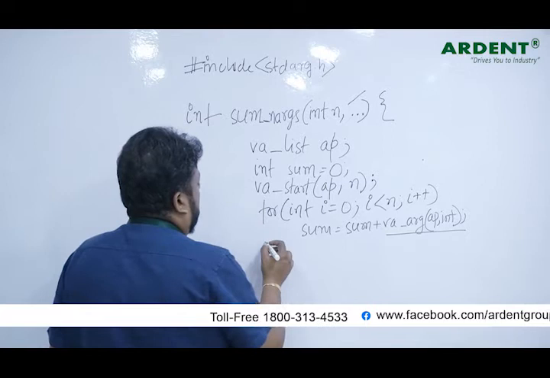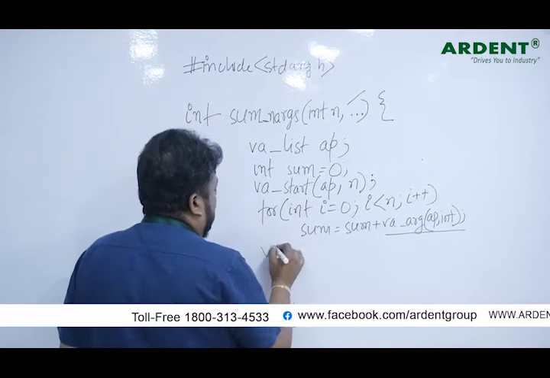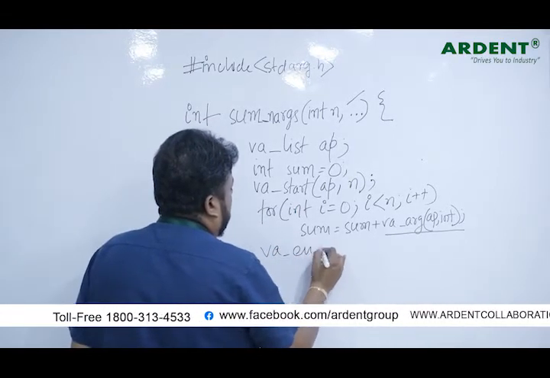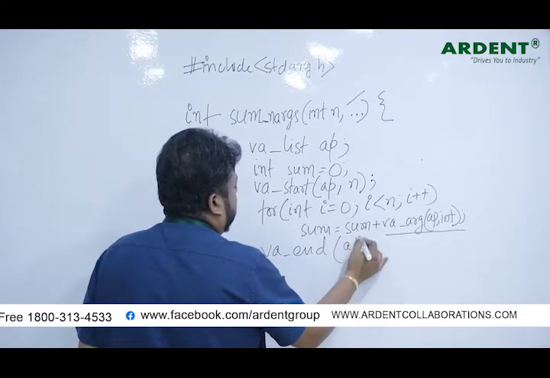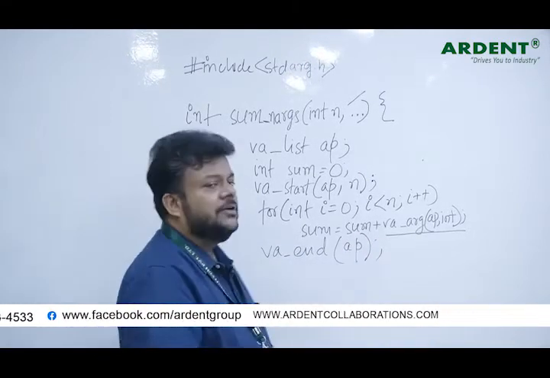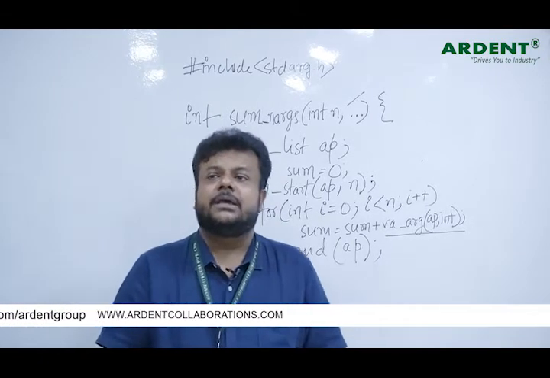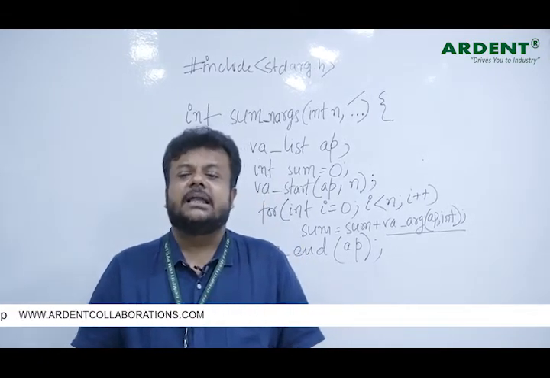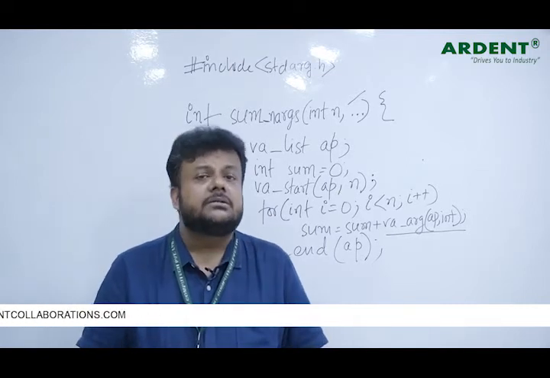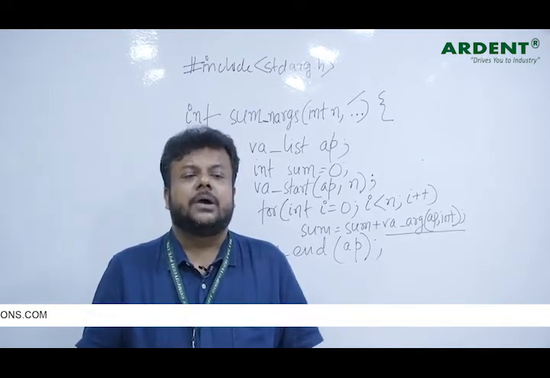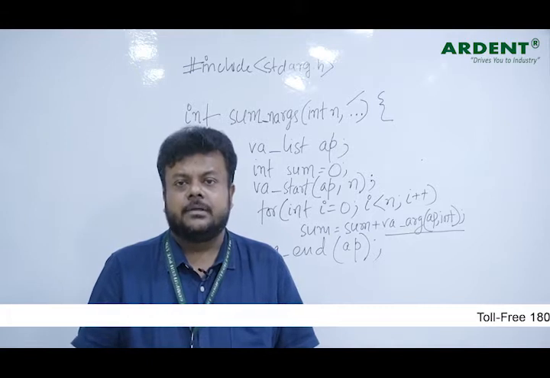So what will be the next line? The next line will be va_end(ap). Now what is the use of this line, va_end(ap)? This is the line that releases all the resources that were required for the pointer ap.